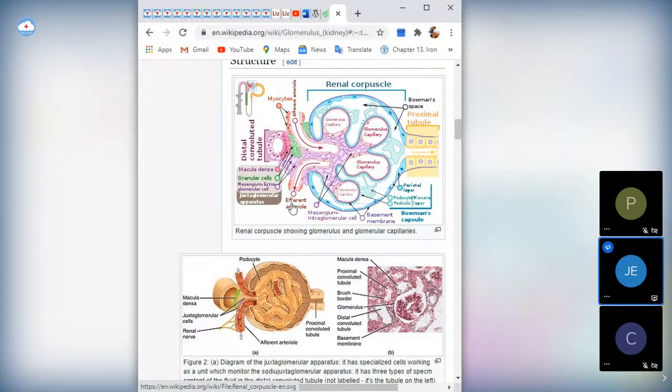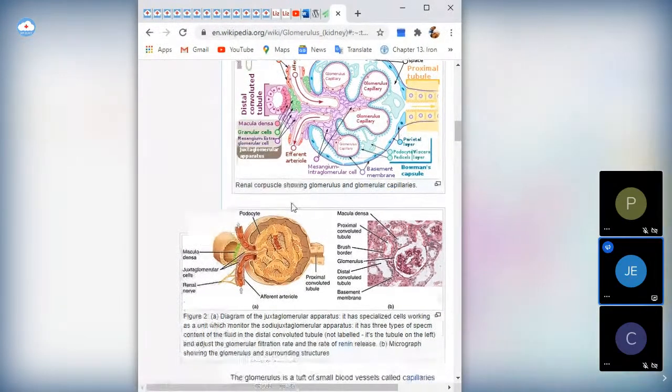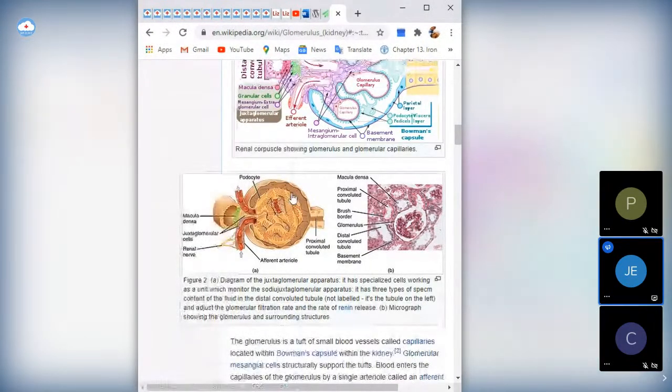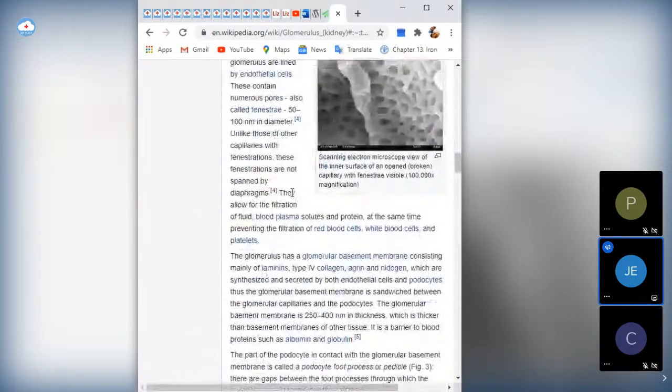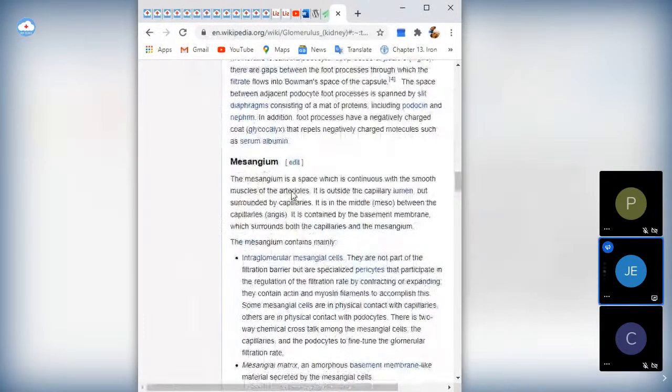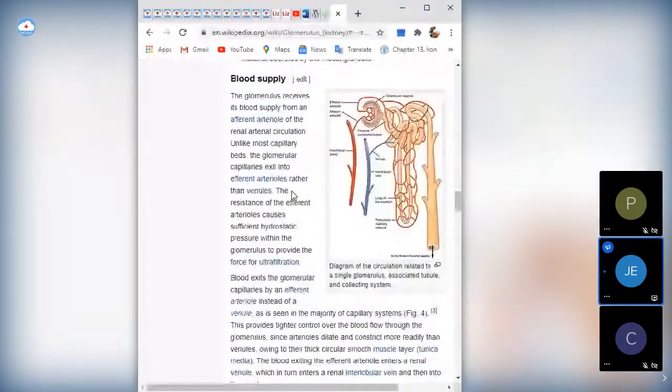Let's look at the factors that affect the afferent and efferent arterioles.